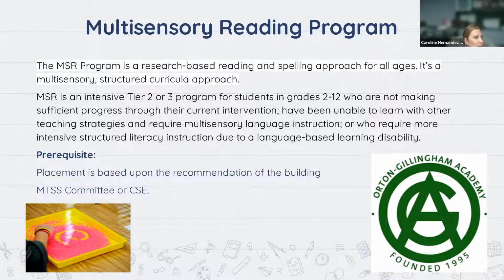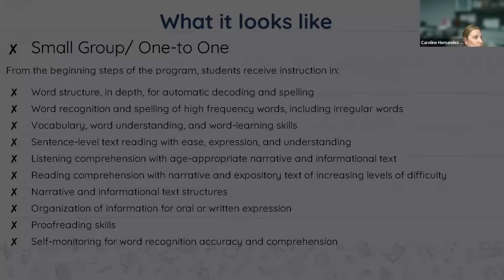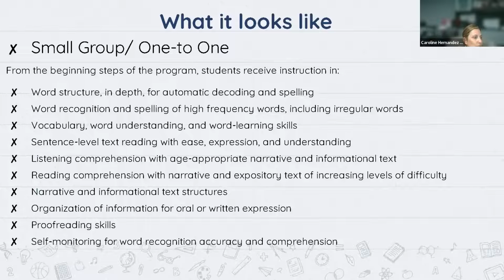But what's more is that we also have practitioners that are even trained deeper in the practices of multisensory reading approaches. And they do targeted small group or one-to-one instruction. And this work might include things like word study, structure for automatic decoding and spelling, word recognition, the spelling of high frequency and irregular words. It helps us to learn vocabulary.